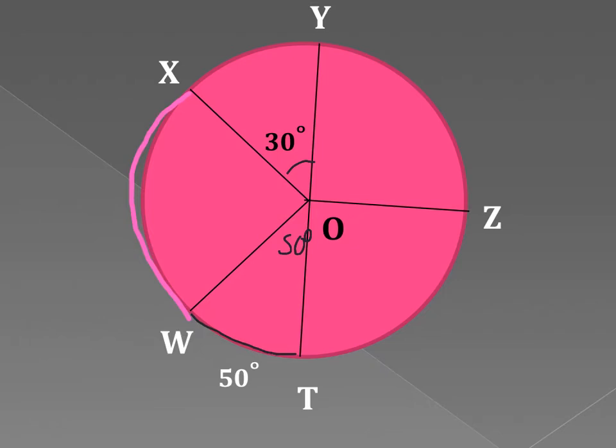So if we do, let's say, we'll call this X. So we have 30 plus X plus 50 is equal to 180. So 80 plus X is equal to 180.